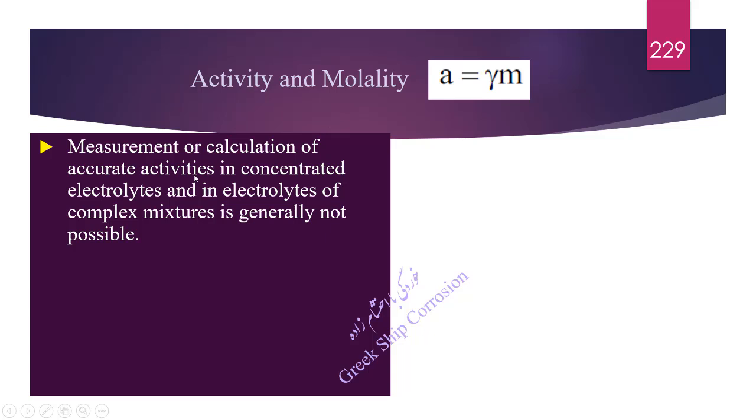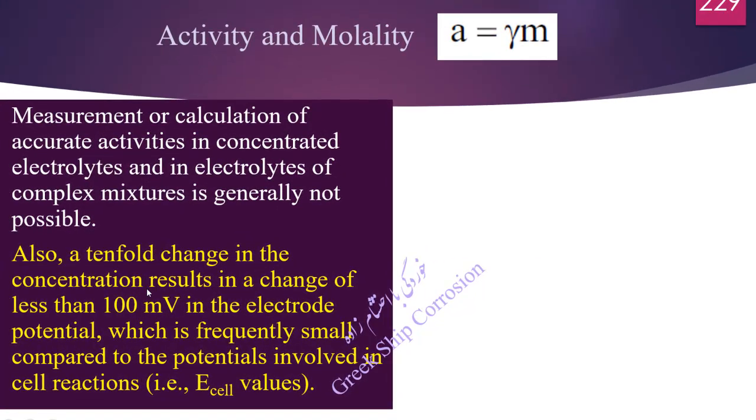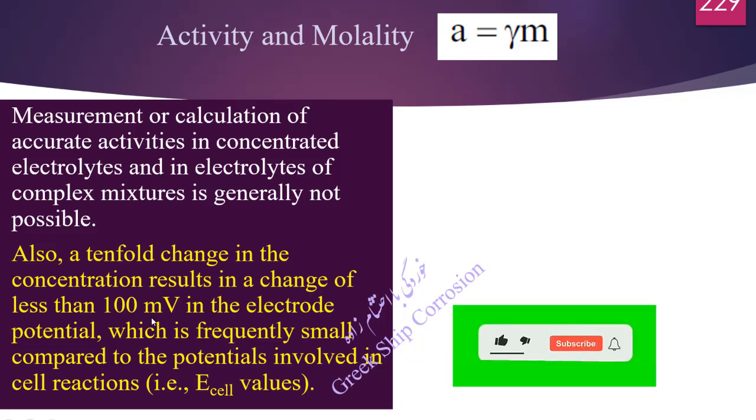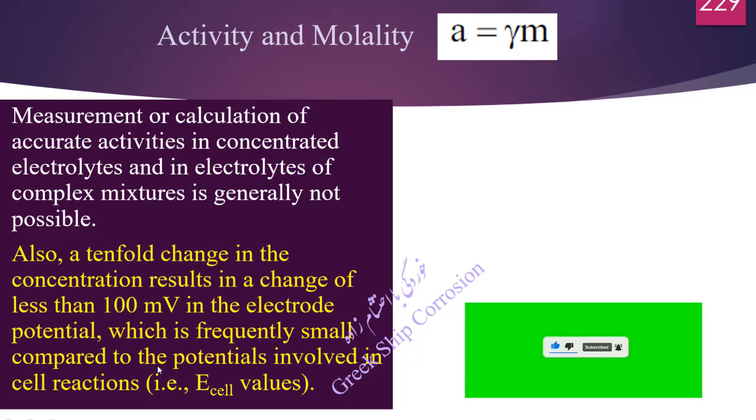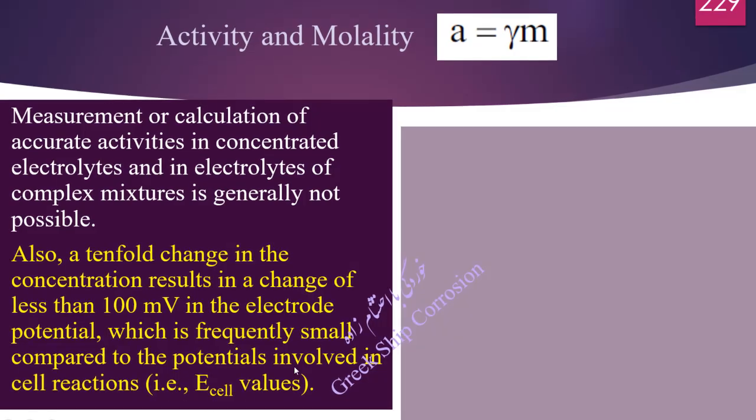Measurement or calculation of accurate activities in concentrated electrolytes and in electrolytes of complex mixtures is generally not possible. Also, a tenfold change in the concentration results in a change of less than 100 millivolts in the electrode potential, which is frequently small compared to the potentials involved in cell reactions, that is, E cell values.